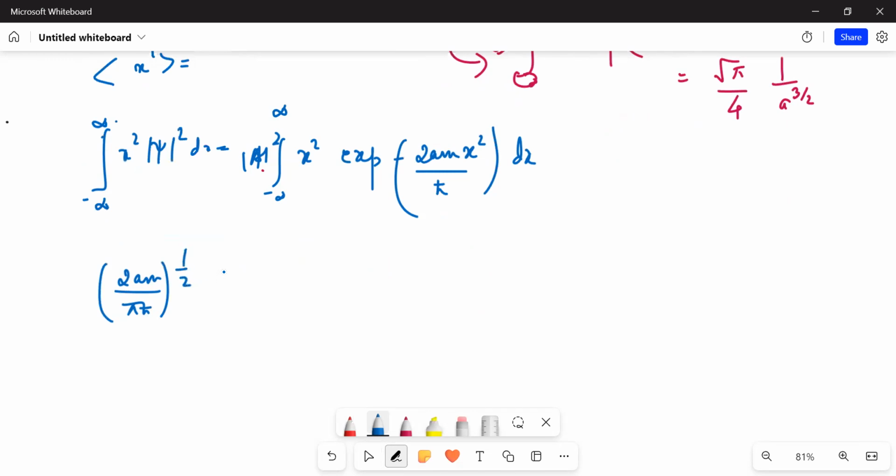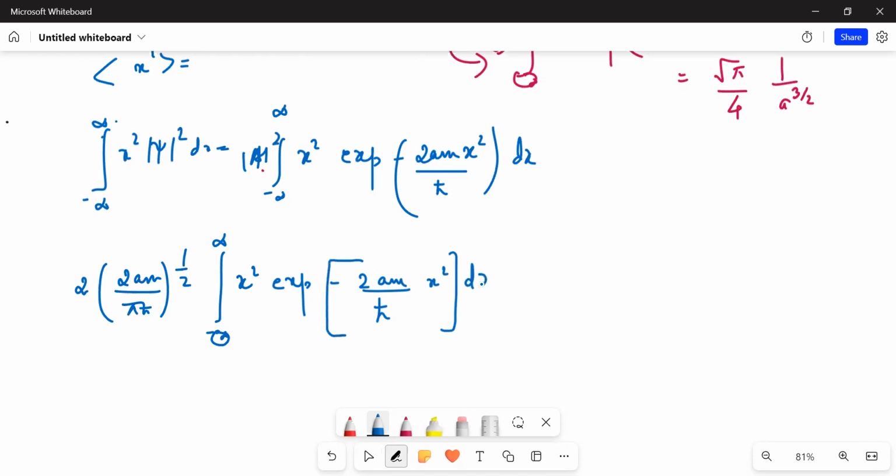So I'll get 1 by 2 here. So from minus infinity to plus infinity, this is x squared. In fact, I'll do it from 0 to infinity, so I'll take a 2 outside. And then you have this exponential of minus 2 a m upon h cut, and then you have this x squared here, and then I want to integrate this.